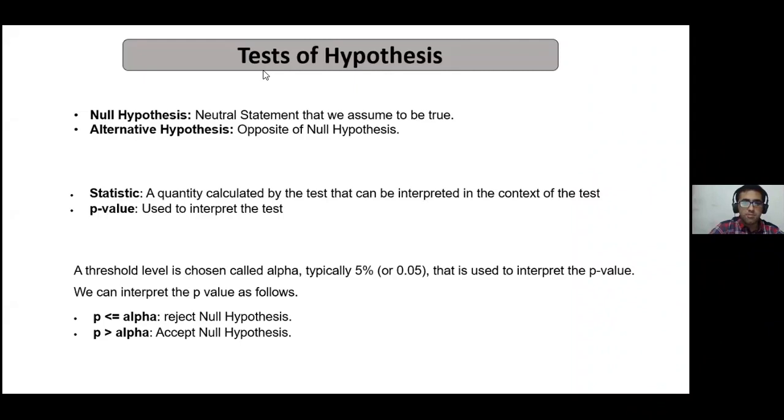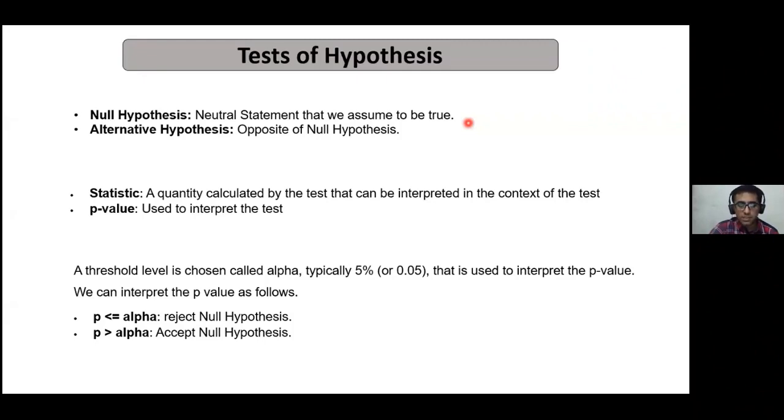So in testing of hypothesis, there are a few major things that we need to keep in mind. First of all, the hypothesis. Hypotheses are of two types: either the null hypothesis or the alternative hypothesis. The null hypothesis is just a neutral statement that we assume to be true.